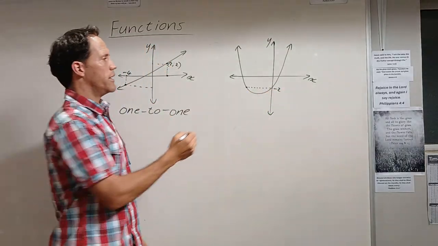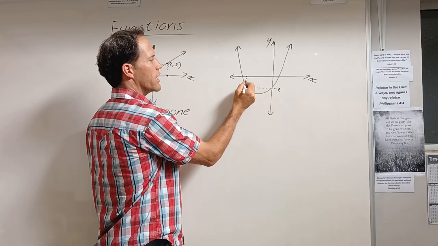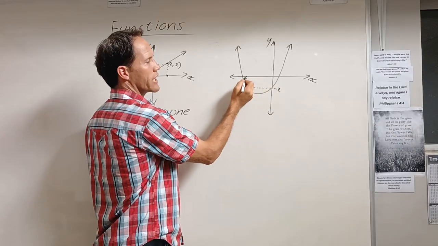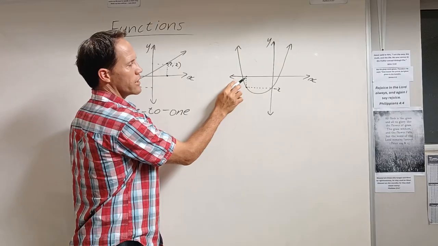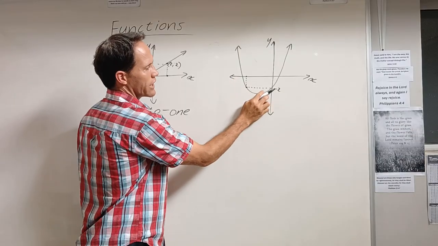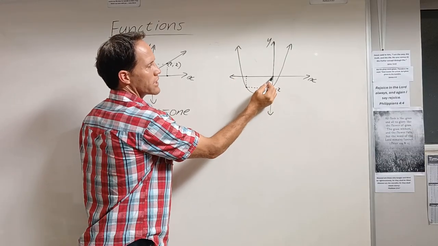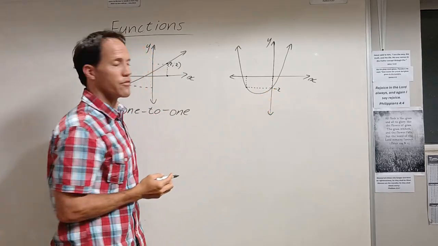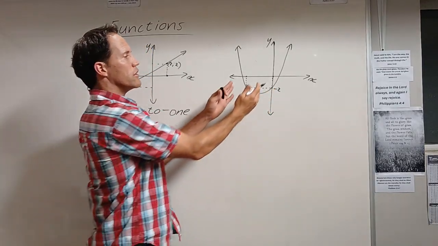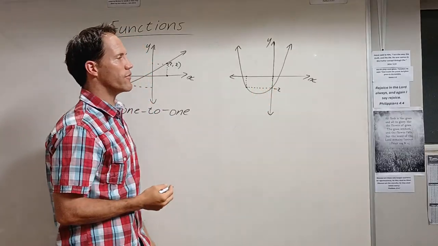Now that x value will give you a y value of -2. If I substitute the x value there, I get a y value of -2. But if I substitute the x value over there, I also get a y value of -2. So I have two different x values that give you the same y value.